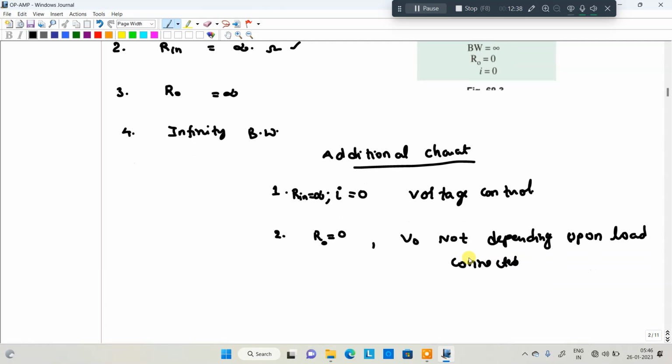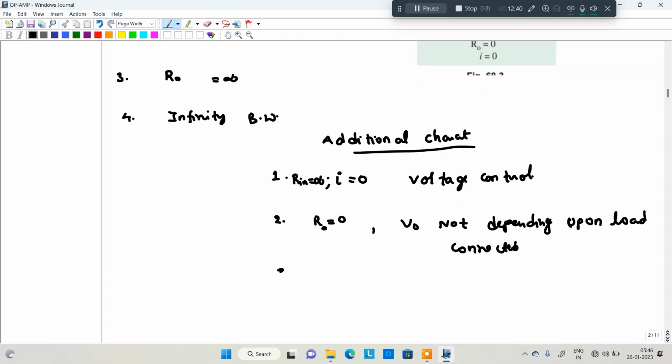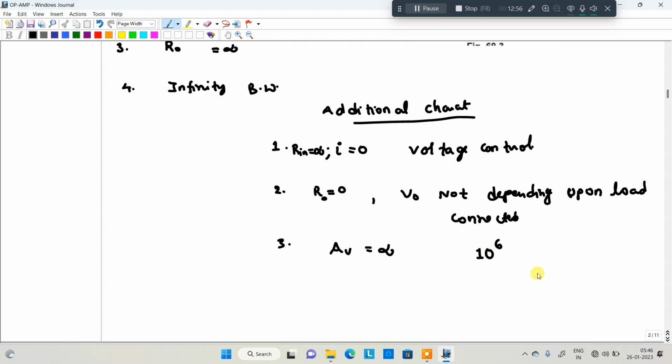Okay, next, the third important point here: the op amp gain AV is equal to infinity. Whenever it is infinity, it can offer very high gain. For example, the gain will be 10 power 6. If you give some input here, the output will be 10 power 6 times. For example, I provide an input voltage of 1 volt.